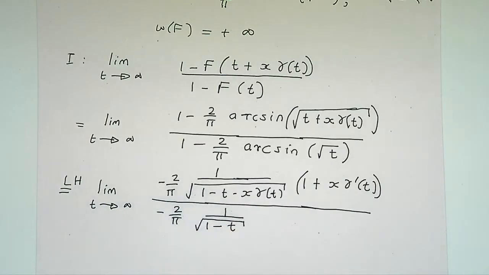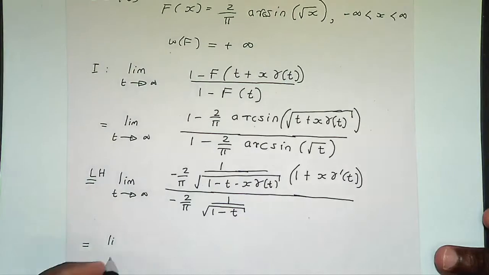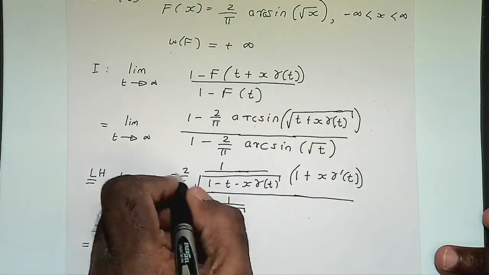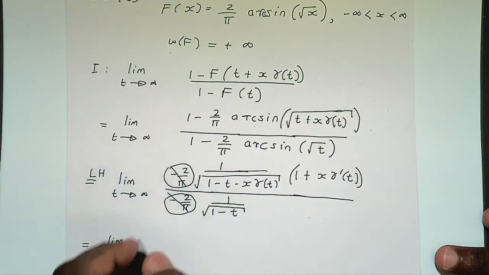So this becomes the limit as t goes to infinity of, these two guys will cancel, right? These two will cancel out.